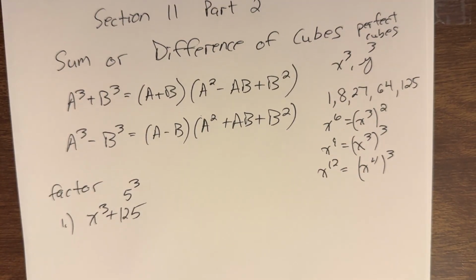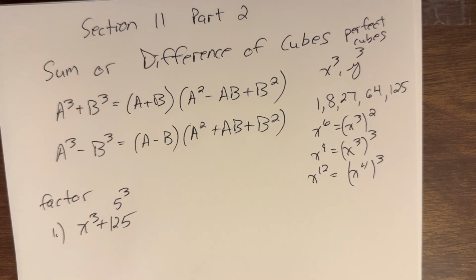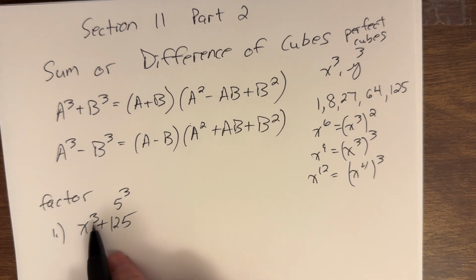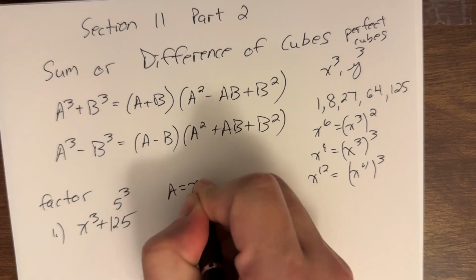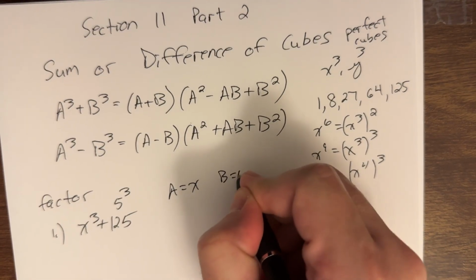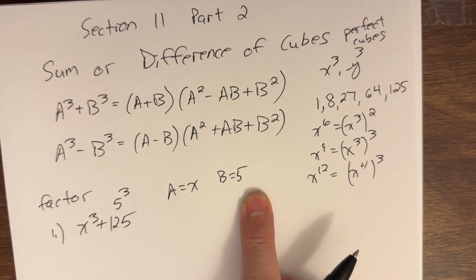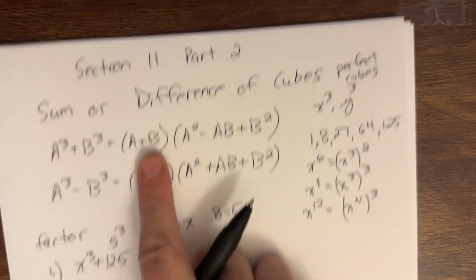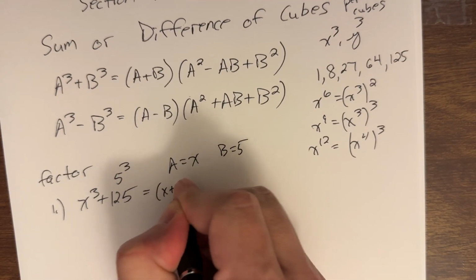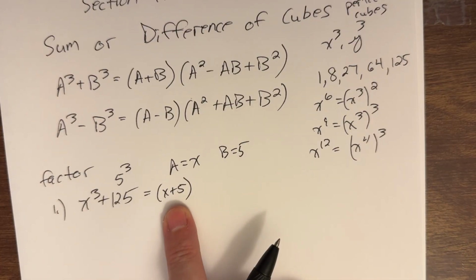That is 5 cubed. So similarly, like we said for difference of squares, x cubed is a cubed, so that just makes a plain x. B cubed is 5 cubed, so b is just 5. So as I go through my formula, a plus b, my factorization starts x plus 5.